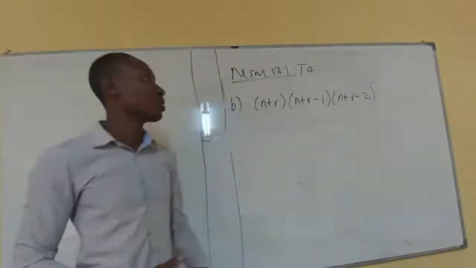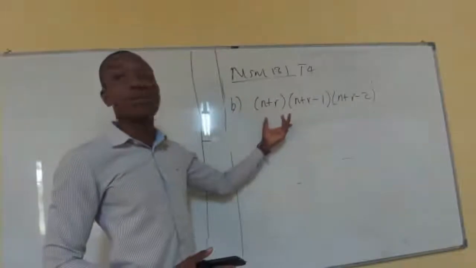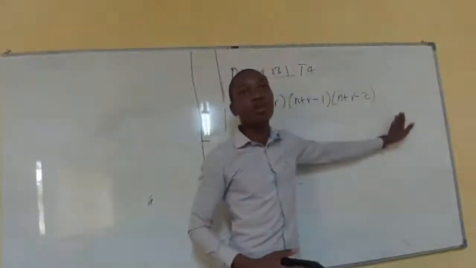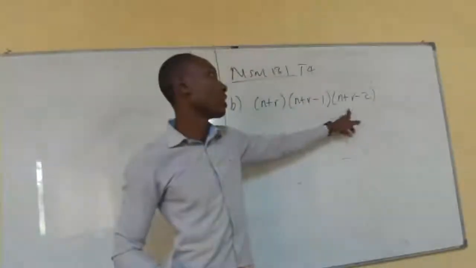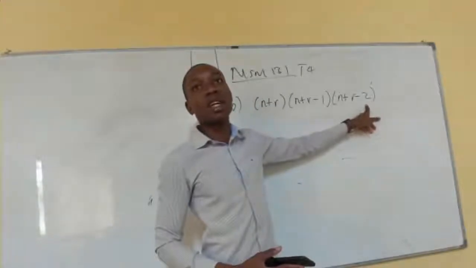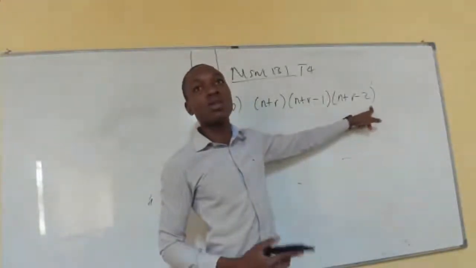Now since we need to write this in factorial form, we are going to divide by whatever is supposed to follow from here. What follows n plus r minus 2? It's n plus r minus 3. So that's what we're going to divide by.